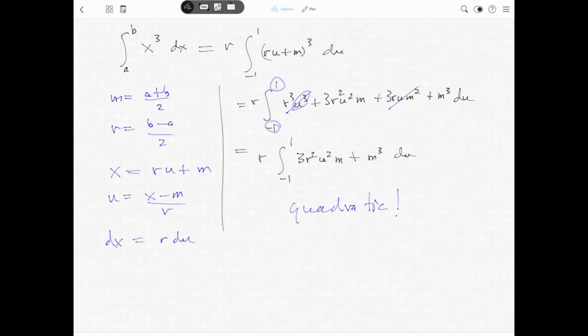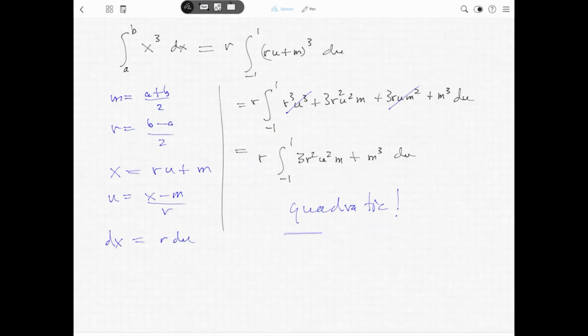And therefore, when you subtract the values at the two limits, they cancel. So these odd terms disappear. And therefore, the whole integral becomes simply the integral of the quadratic part, right? It actually reduces to the integral of a quadratic function.